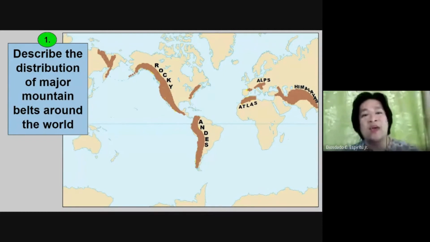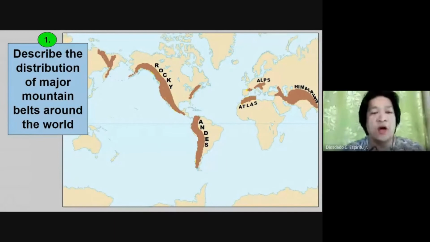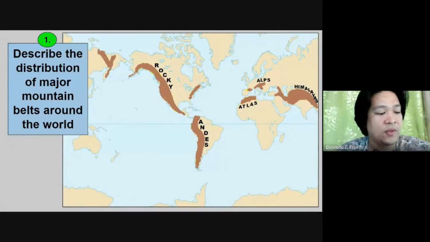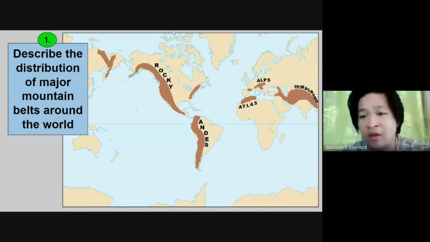And we have the big question: how did the scientists or the geologists determine the boundary between these several plates?